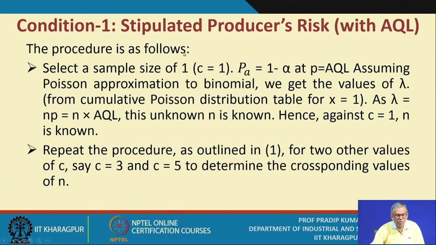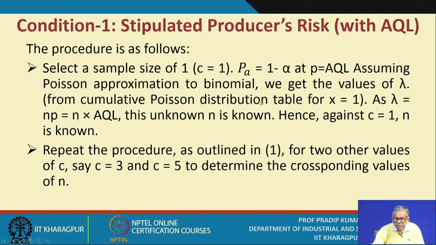Okay. The procedure is as follows. Select a sample size of 1, C equals 1, Pa equals 1 minus alpha for p equals AQL. Assuming Poisson approximation to binomial, we get the values of lambda. Lambda is equal to n into p. Is it okay?